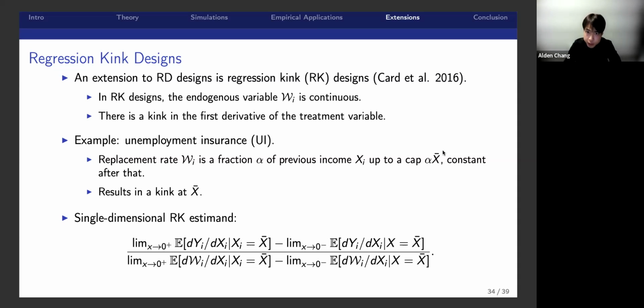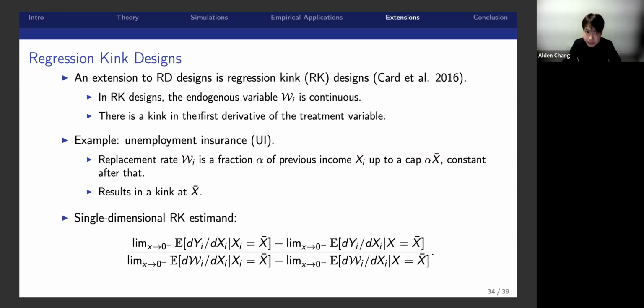The differences between regression kink, or RK, designs and RD designs are two. So first, the endogenous variable Wi is continuous in the RK design. And second, instead of leveraging a discontinuity, as in the RD design case, we are leveraging a kink in the CEF.